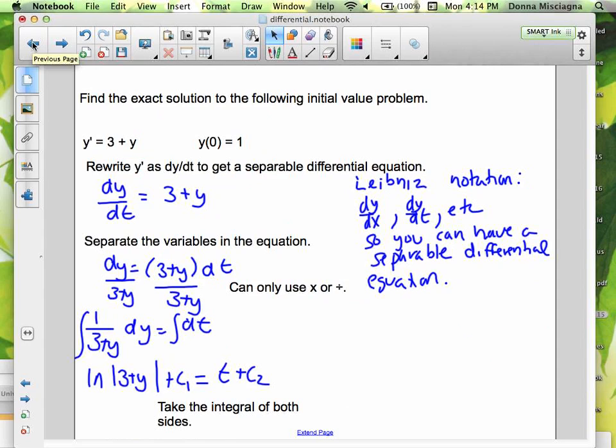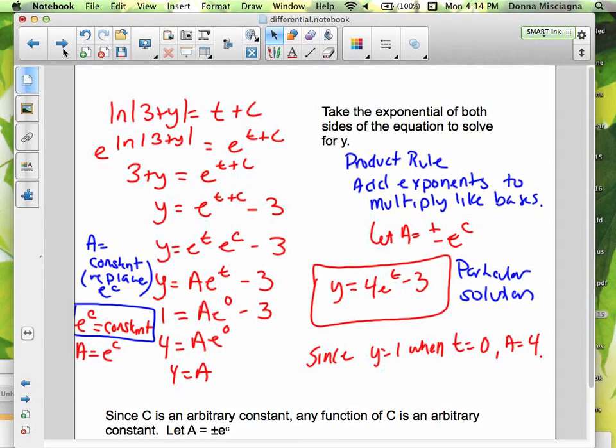The equation that satisfies this differential equation and also has the point (0, 1) is y equals 4e to the t minus 3. That's our particular solution. And this introduces a whole important family of differential equations and their solutions.